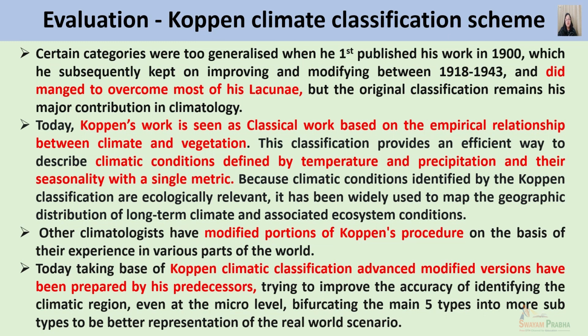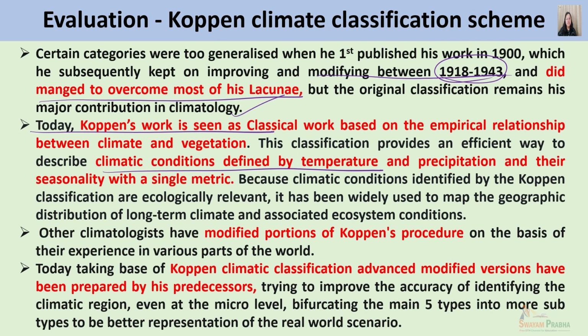However, considering the lacunas in his earlier classification scheme, he subsequently improved and kept on modifying his classification scheme between 1918 to 1943 until his death in the 1940s, and managed to overcome most of his lacunas, but his original classification remains his major contribution in climatology. So today Koppen's work is seen as classical work based on the empirical relationship between climate and vegetation, and this classification provides an efficient way to describe climate conditions defined by temperature and precipitation and their seasonality with a single metric scheme.